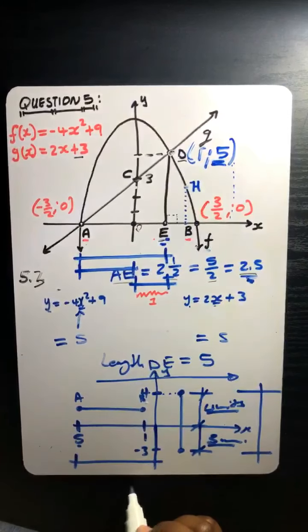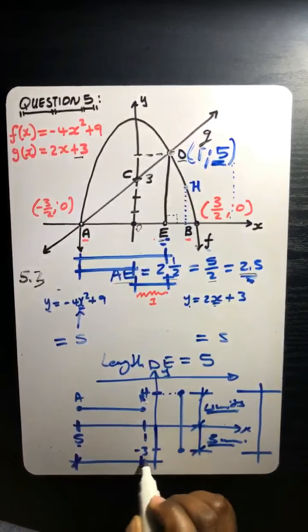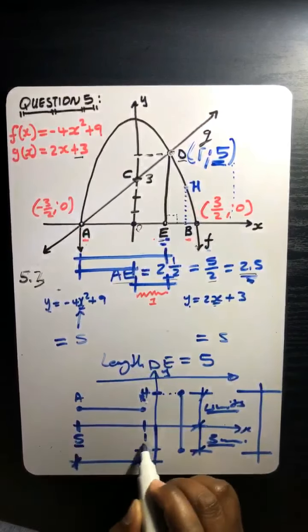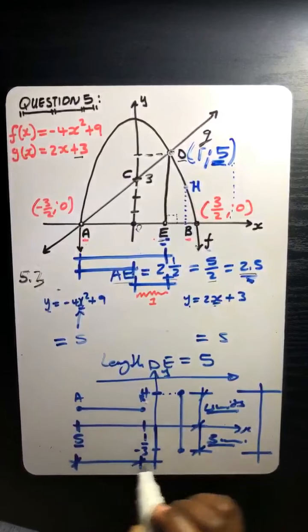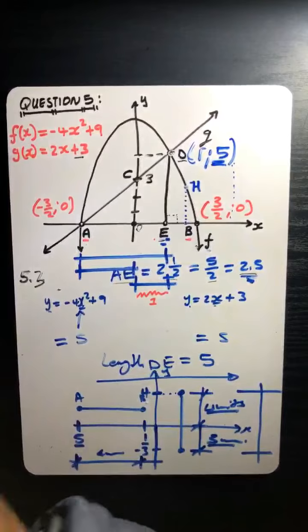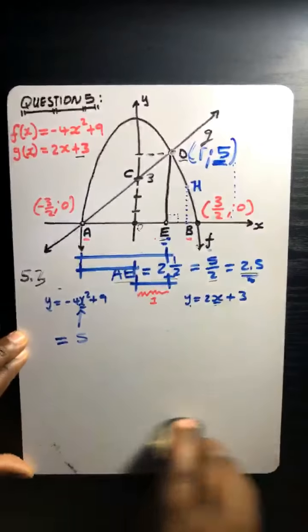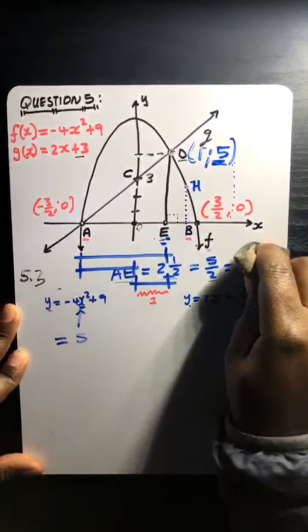But this section is that 5 minus that 1. Then it gives you 4 units. So in this case, no need to use the distance formula. I hope you guys understood that part. So now we can, with confidence, move to the next question.